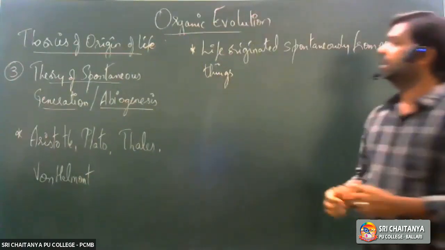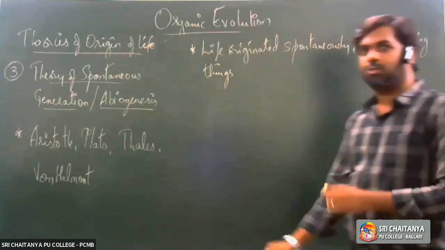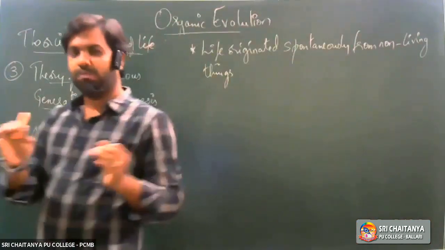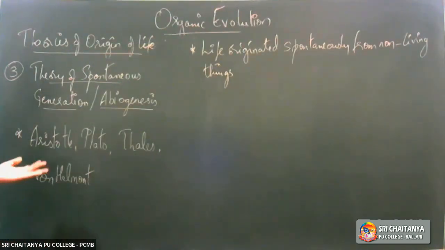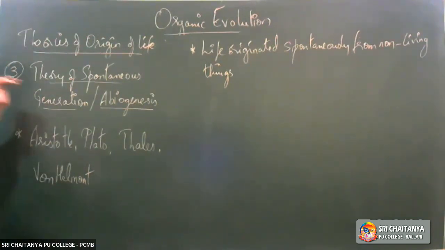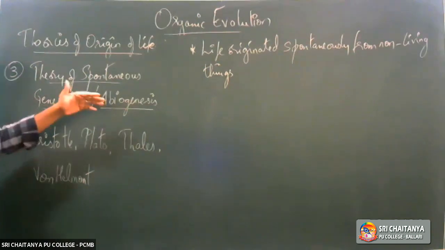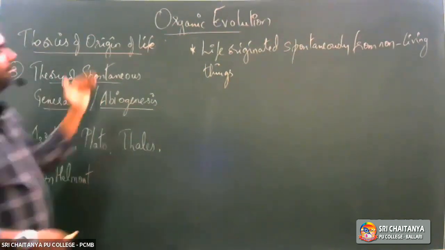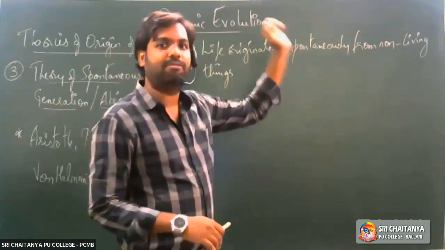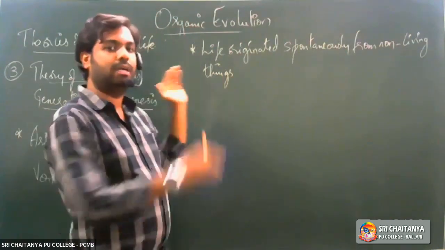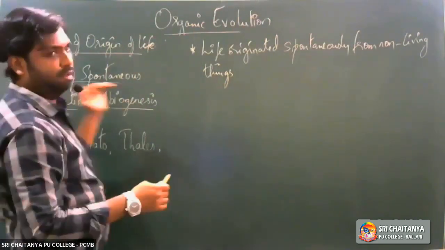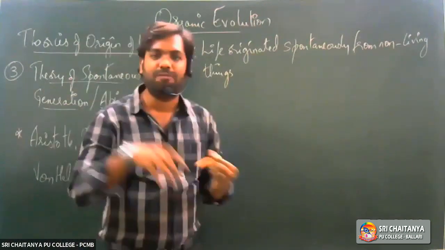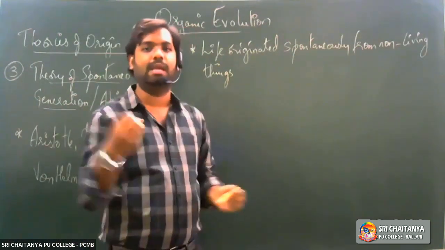Most of the prominent scientists, like Aristotle, Plato, Thales, as well as von Helmont, believed or supported this theory called the theory of spontaneous generation or abiogenesis. They said life originated spontaneously from non-living things. That is the assumption these scientists had, and that is what they put in this theory. So all of a sudden, from non-living things, life originated.